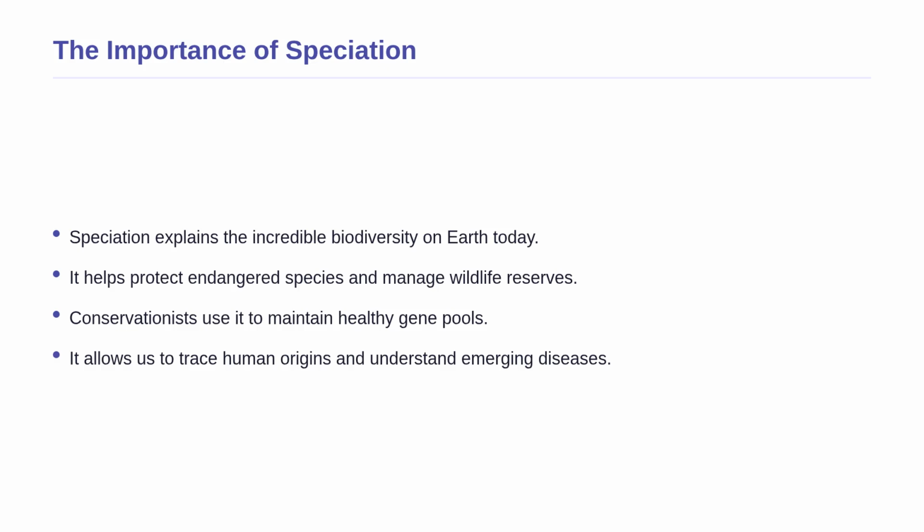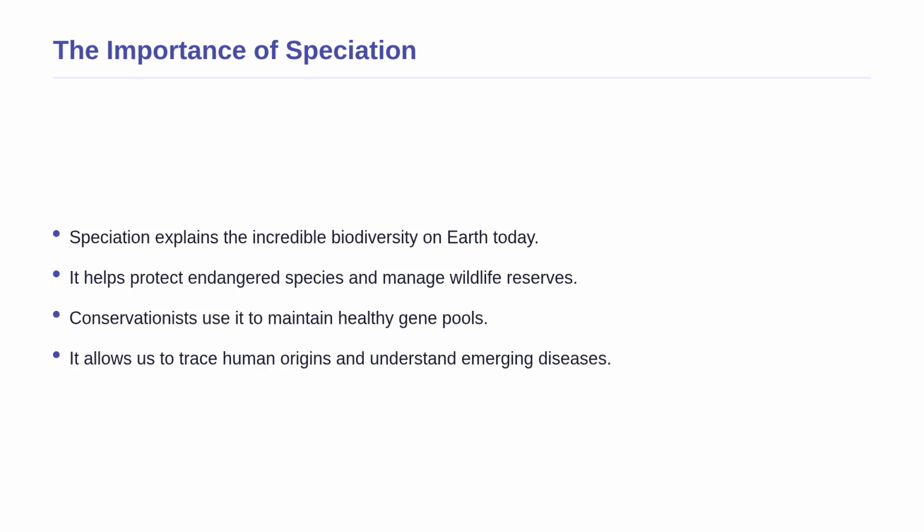Understanding this bridge between micro and macroevolution is absolutely crucial because it explains the incredible biodiversity we see on Earth today. Without speciation, our planet would only have a single, uniform type of life form, rather than millions of beautifully adapted species.